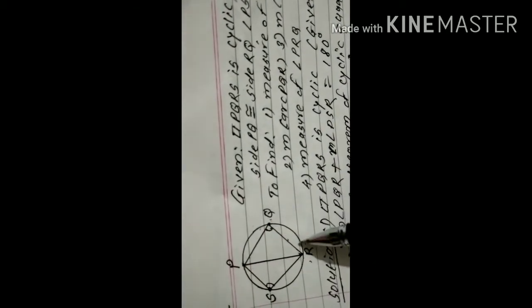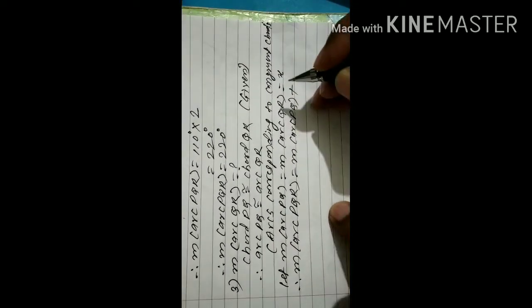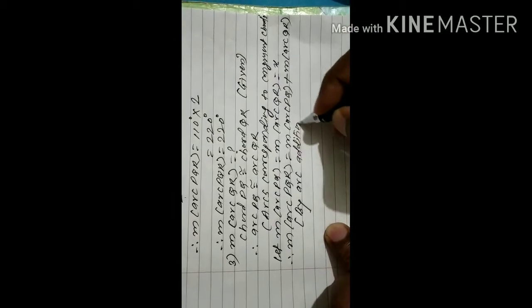I consider it X. Therefore, from the figure, measure of arc PQR is equal to measure of arc PQ plus measure of arc QR by arc addition postulate.